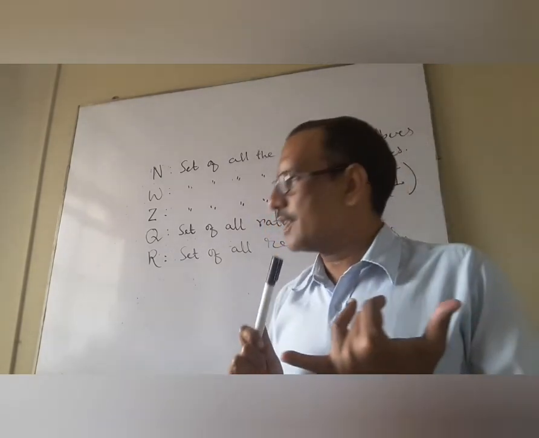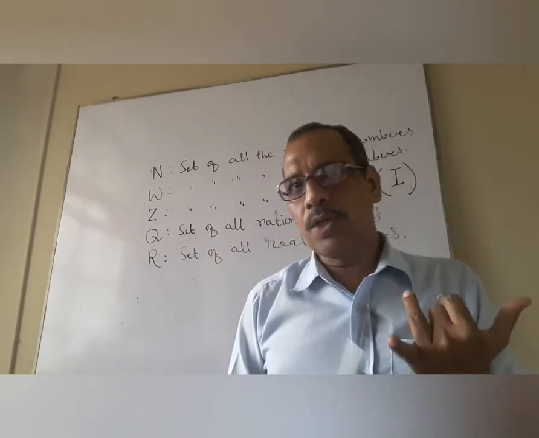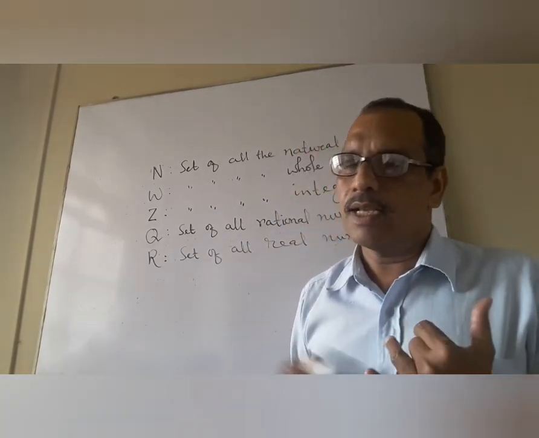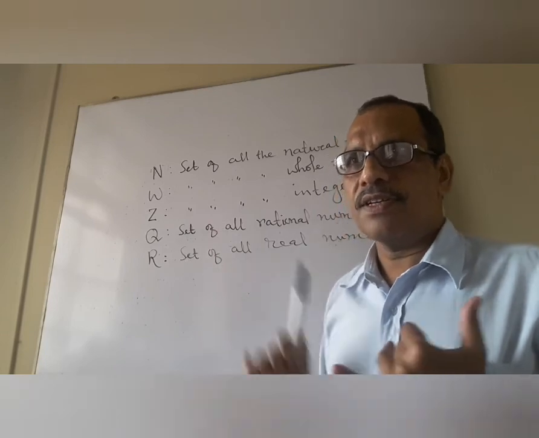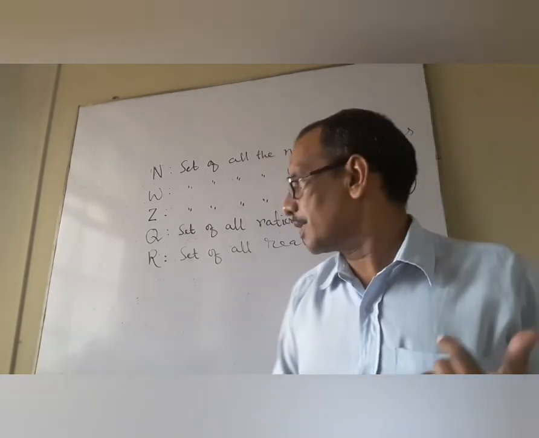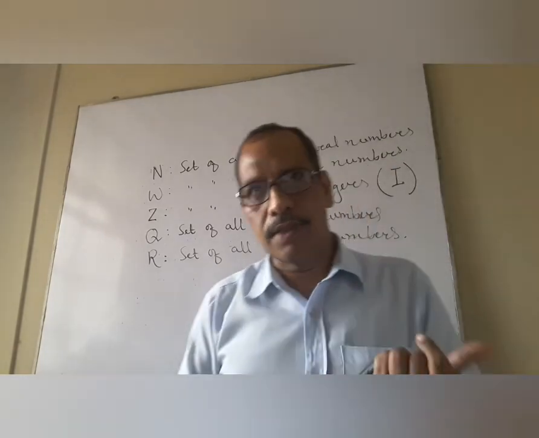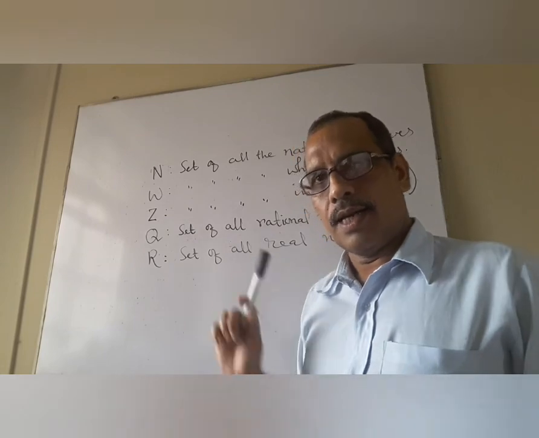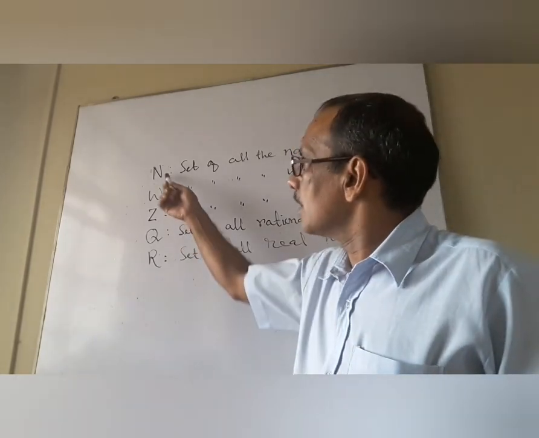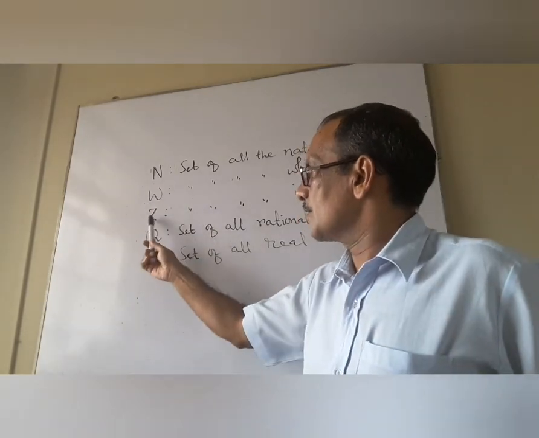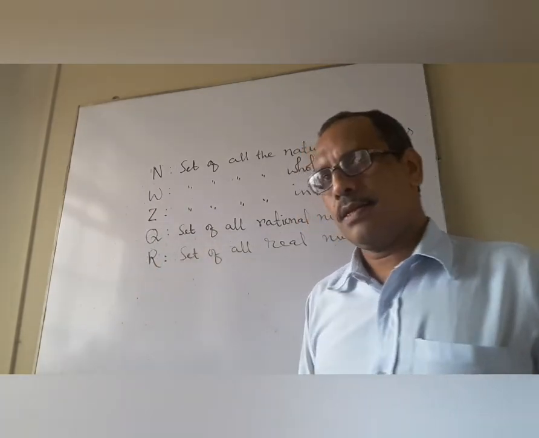Next, set builder form, where we write a representative, only one element, and then we describe the element's single property. And then we have learned the use of epsilon, and then we learned some familiar sets N, W, Z, Q, R. Thank you.